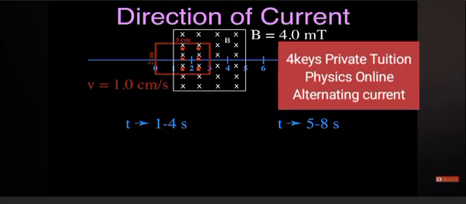The current that's going to be induced in the coil is going to create a magnetic field that is going to act in reverse or opposite to the magnetic field that's shown there of the permanent magnet. So the current induced there is going to be such that the magnetic lines of force are coming out.